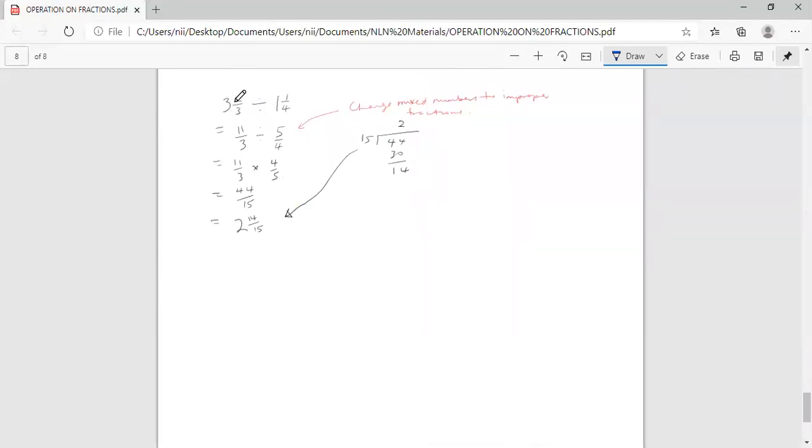3 2/3 divided by 1 1/4. Okay. First, I have to change each of them to an improper fraction. So 3 times 3 plus 2 gives you 11 over the denominator, which is 3. Divided by, change this mixed number also into an improper fraction.